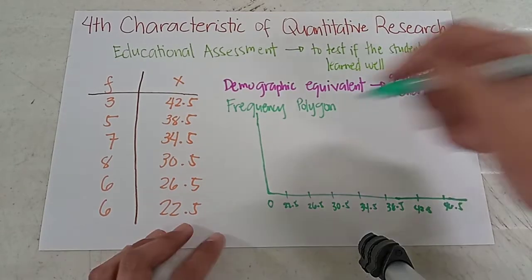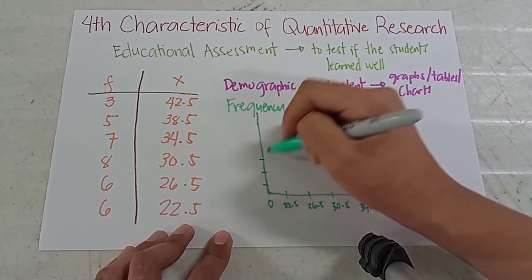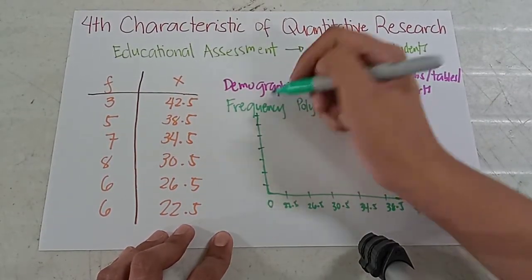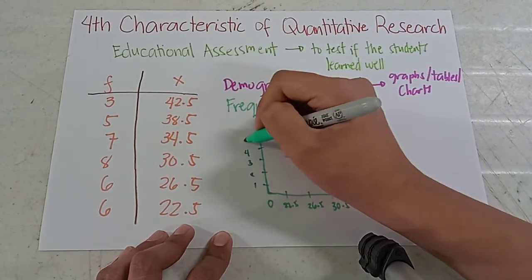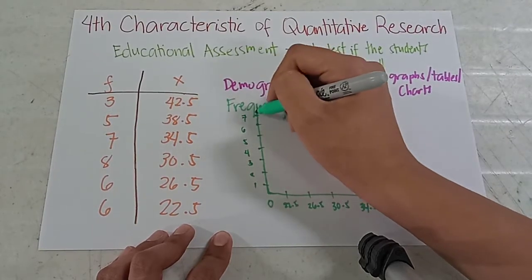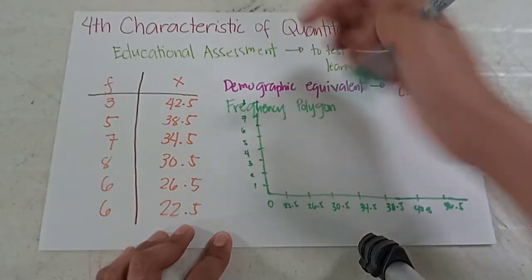Then in our y-axis, we plot the frequencies. So we have 0, 1, 2, 3, 4, 5, 6, 7, and let's have another one here, 8.